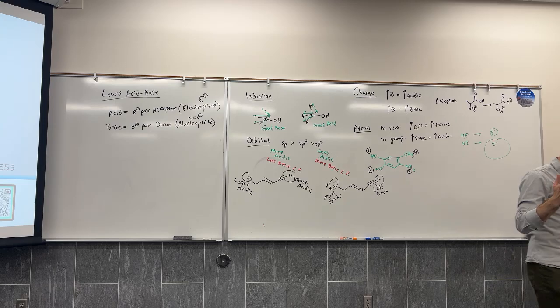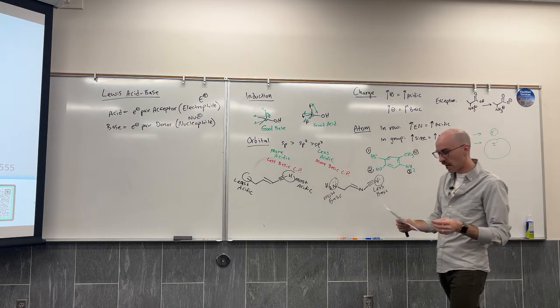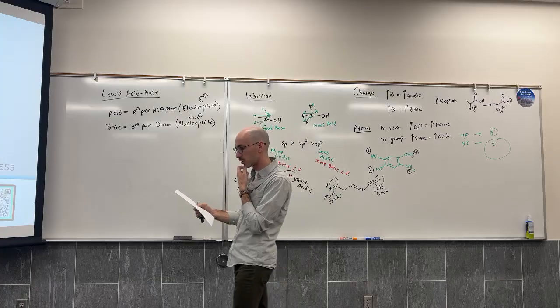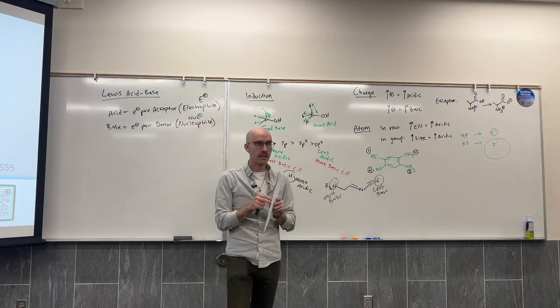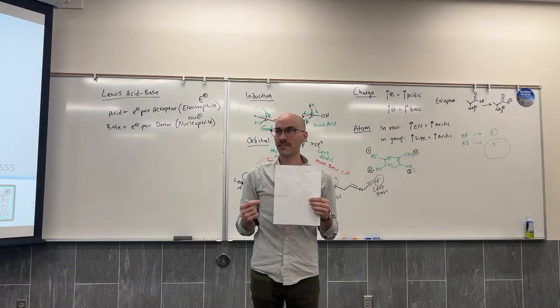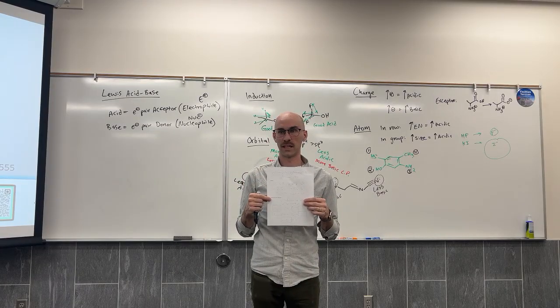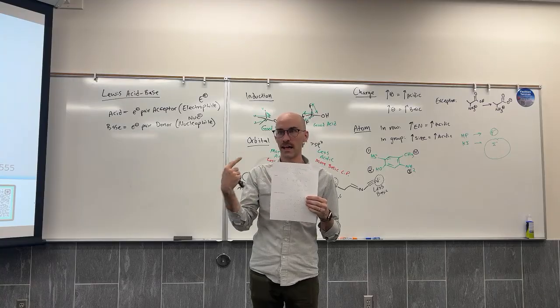Squares and rectangles again. So on your worksheet, I want you to notice the top two reactions under Lewis acid bases. Those are Bronsted-Lowry reactions. That's just hydrogen ion accepting and donation.